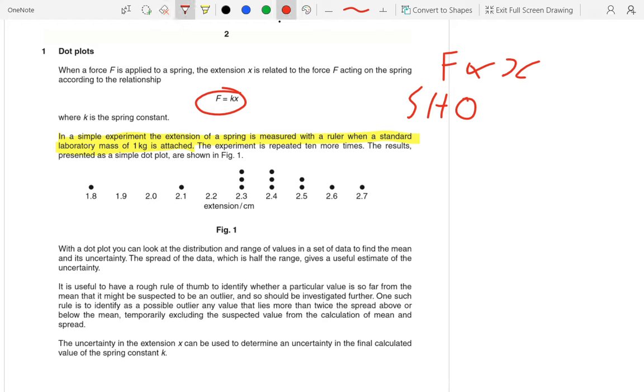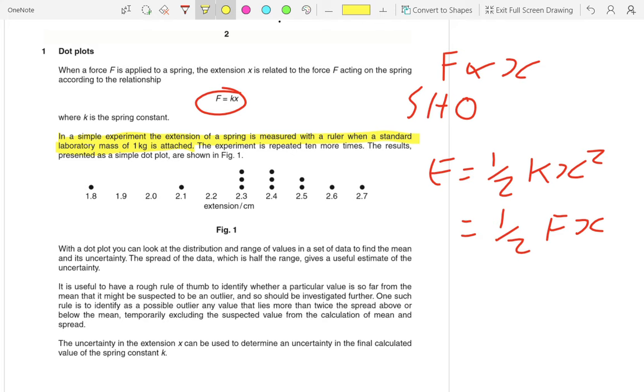You can also have a look at the energy stored in a spring, so that's something you'll be likely to be asked. Once you've calculated the mean of all the values, it could ask what's the average energy stored in the spring when it's been extended. So then you just use E equals half kx squared, or E equals half Fx. k is obviously the spring constant, and if we look at what it says at the end, that's the final calculated value of the spring constant k.